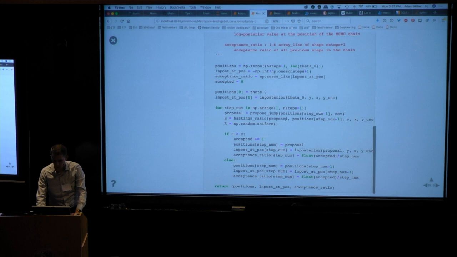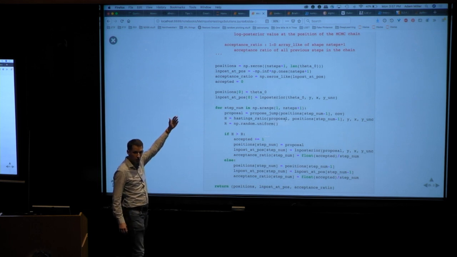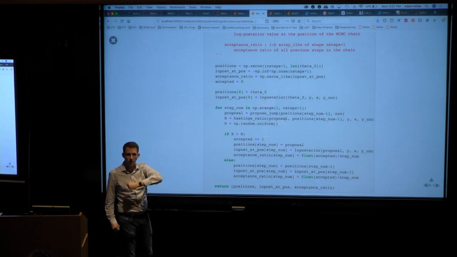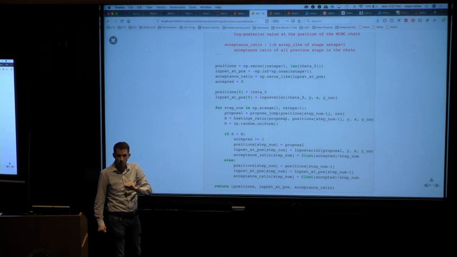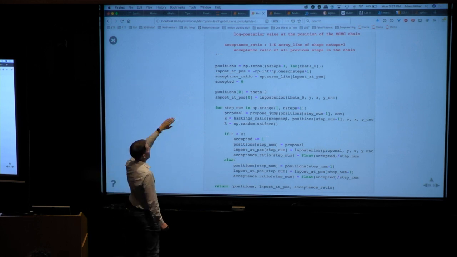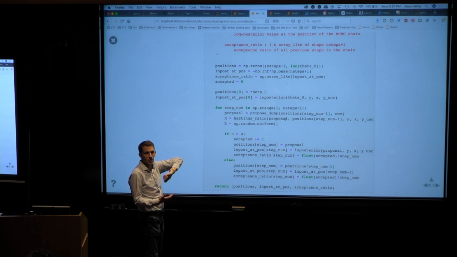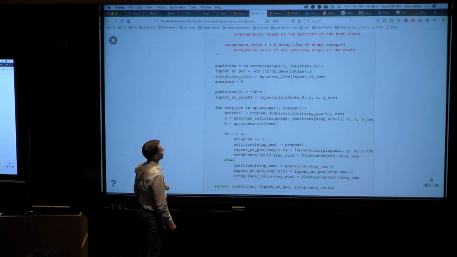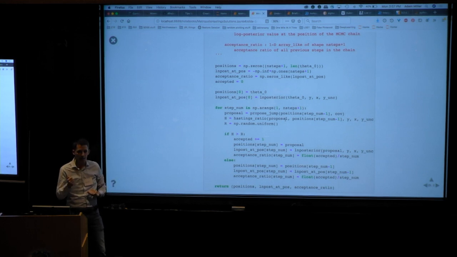Okay, so this is the most complex piece of code in the notebook, but we're going to create an array, positions, which is going to keep track of everywhere that we're stepping through our space. And then we're going to have another array, which is the log of the posterior at every position, okay? And then we also want to keep track of, and we'll really understand why this is important tomorrow, the acceptance ratio, which is just how often my proposed steps are being accepted, okay?